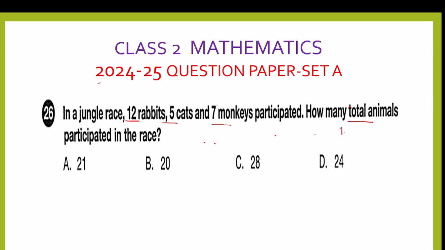Rabbits are 12, cats are 5 and monkeys are 7. So 7 plus 5 is 12. 12 plus 2 is 14. 1 carry over. So 1 plus 1 is 2. The answer is 24. Therefore option D is correct. So there are 24 total animals that participated in the race.